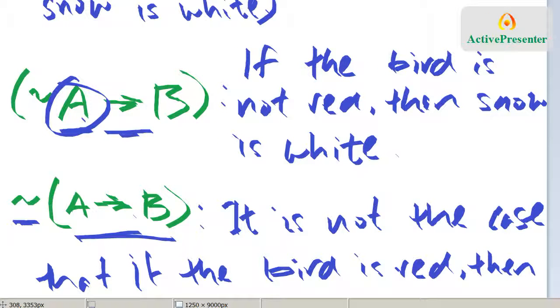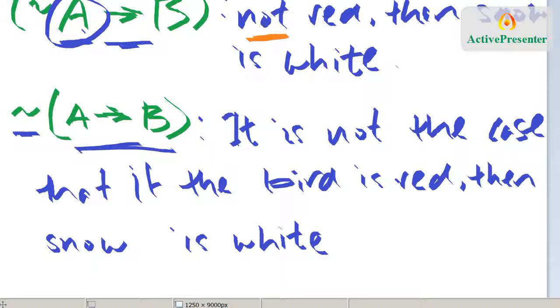So just notice for our first one, we start with the if and then get the not inside. In this case again, we have it in our A sentence. And in our second one, we have the negation. In this case, it is not the case before we have the if, because we want this whole thing to be one unit, A arrow B, and so that's what we have, and we just have the negation tacked on at the beginning.